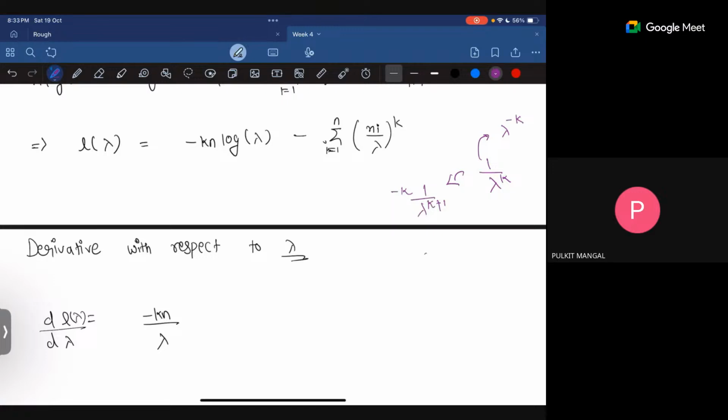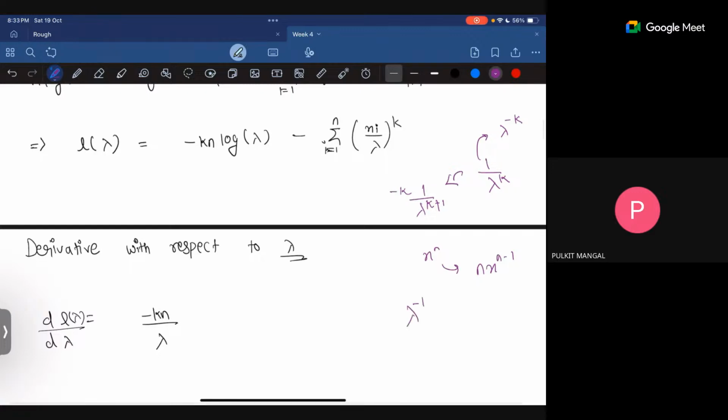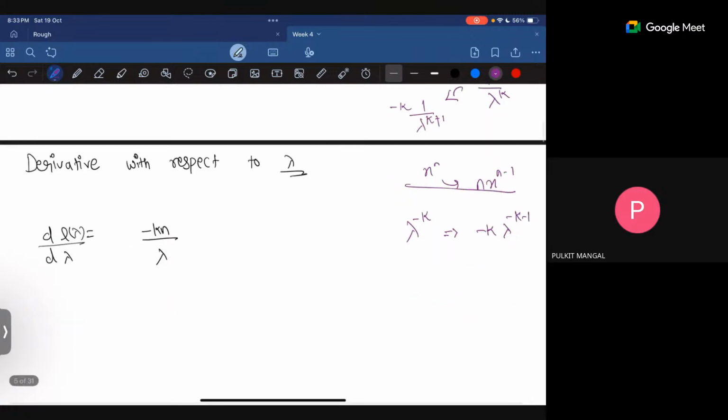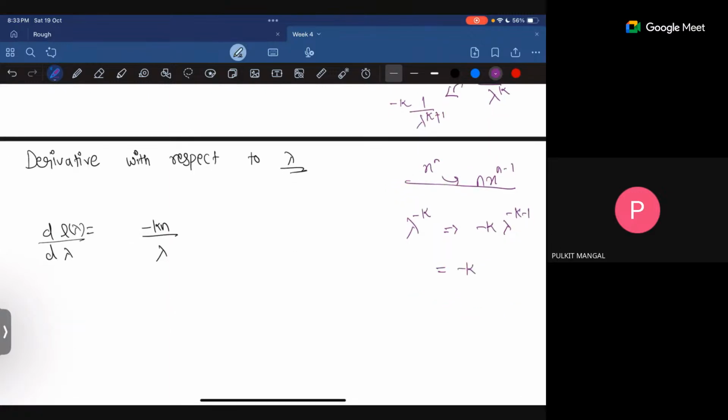If you have the term x power n, how do you do it? n into x power n minus 1. So just try doing this. This is lambda power minus k, so from this you take the derivative: minus k times lambda power minus k minus 1, and it would become minus k times 1 by lambda power k plus 1.